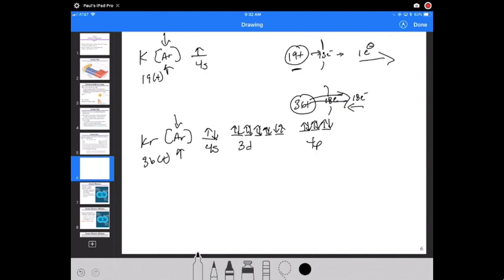And so the core electrons are the same, blocking for potassium and blocking for krypton, but krypton has so much more positive charge that more of the positive charge gets to the outside. That's why they get pulled in. That's why their size is smaller. Okay? And so that's why the trend happens.